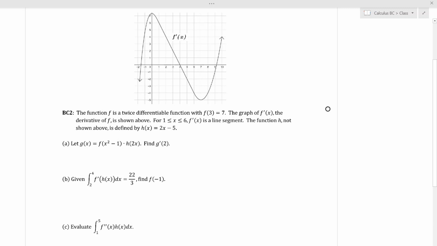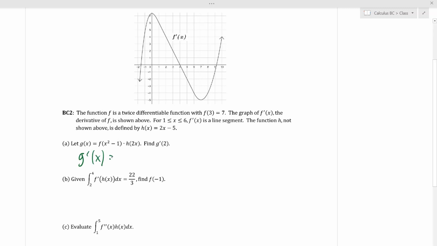Here they're giving us a graph of f prime. Very sweet. They're telling us f of 3 is 7. The graph of f prime is shown, f prime from 1 to 6. Oh, it's a line segment. The function h, not shown above, is defined by 2x minus 5. G is this. Find g prime of 2. Great. So we got to do the product rule and the chain rule here, right?